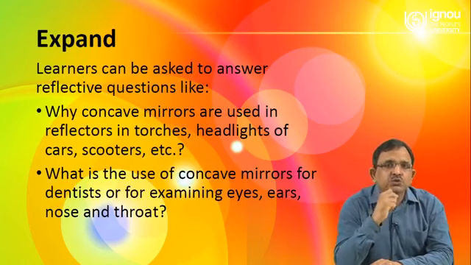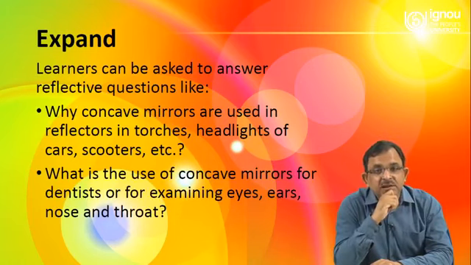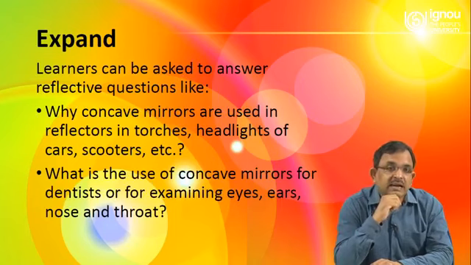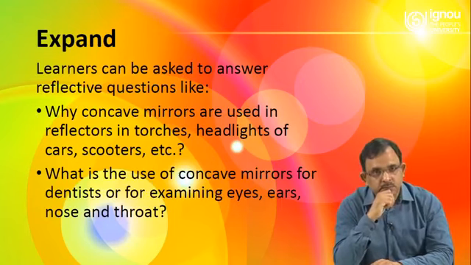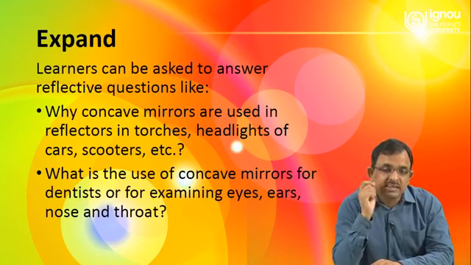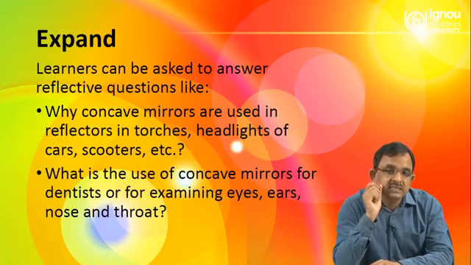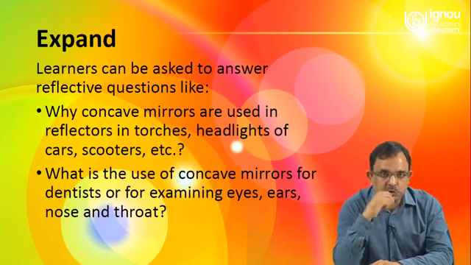So what you can ask your learners after this is why concave mirrors are used as reflectors in a torch or the headlight of a car or scooter. What is the use of concave mirror for the dentist or for examining the eyes, ears, nose and throat? Because doctors are using concave mirrors.